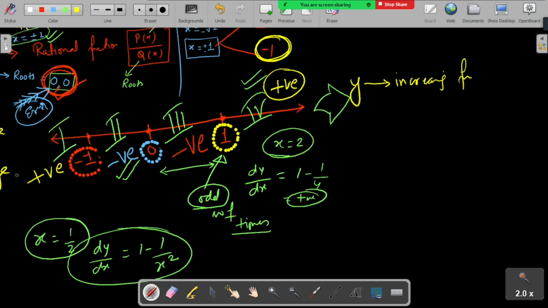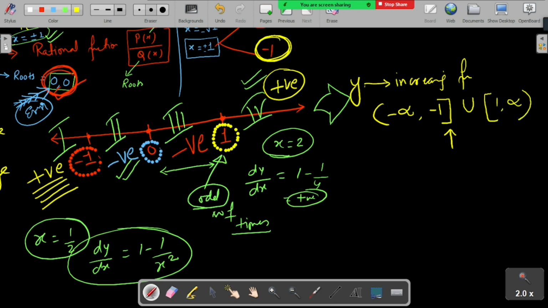It will be from minus infinity to -1, I will discuss also when you have to take closed or open bracket. Where else is it positive? After 1. So union 1 to infinity as well.